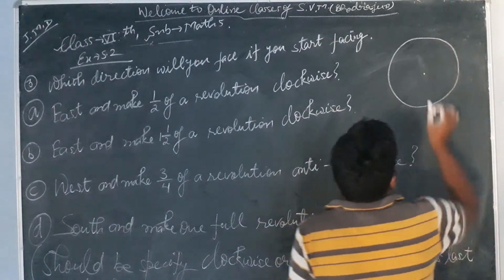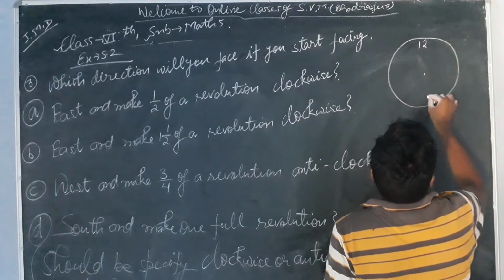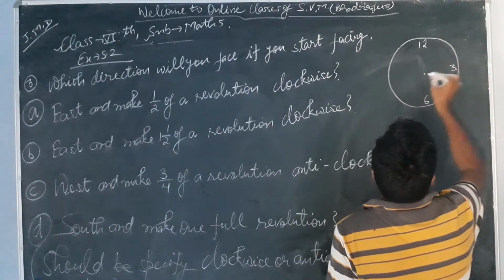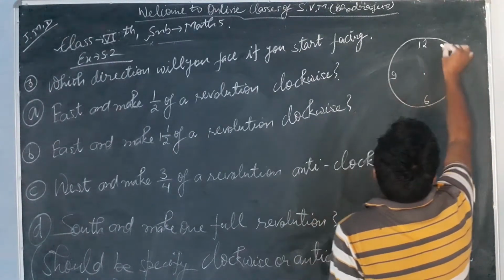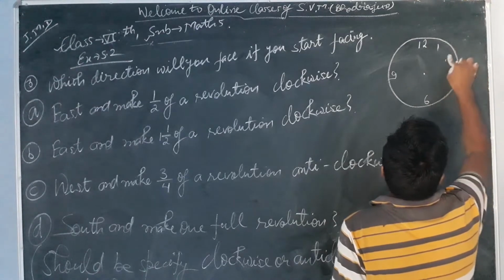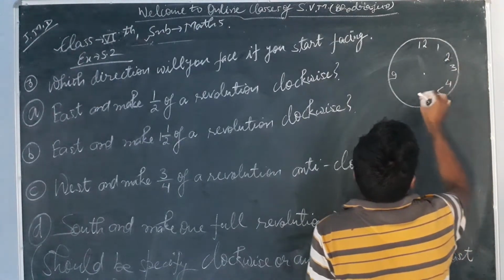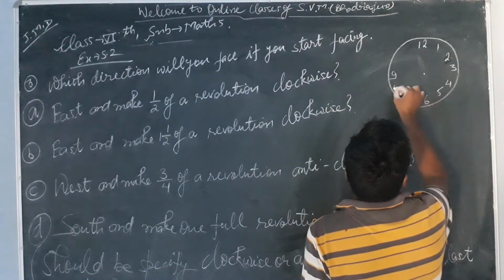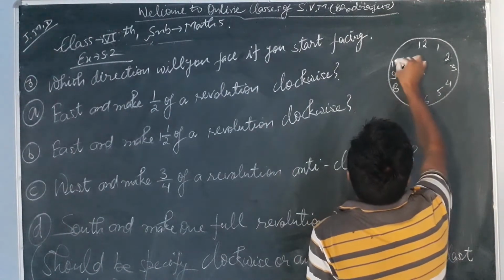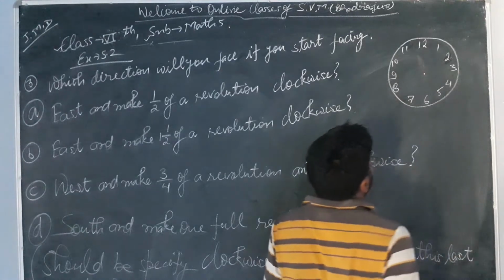This is 12, this is 6, this is 3 and this is 9, this is 1, this is 2, 4, this is 5, this is 7, this is 8, this is 10, this is 11.